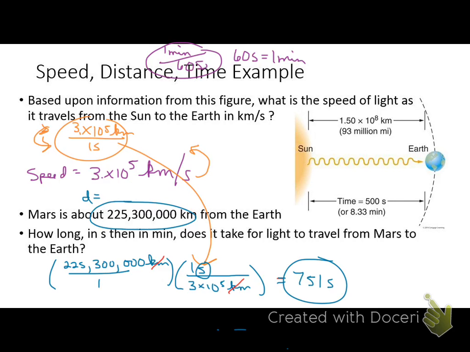And then I would work the problem like this. I would put 751 seconds over 1. And do you see where if I plop in the 1 minute over 60 seconds, my seconds cancel, and I'm left with units of minutes?